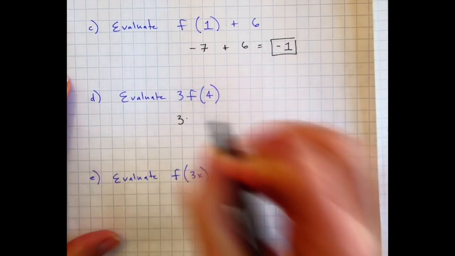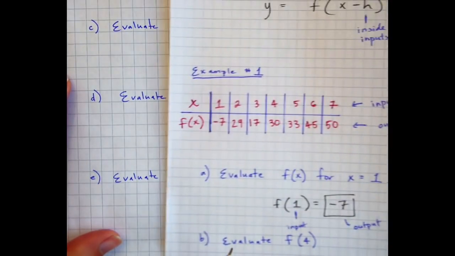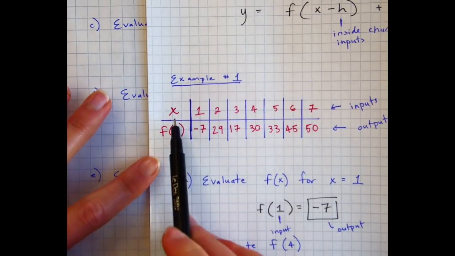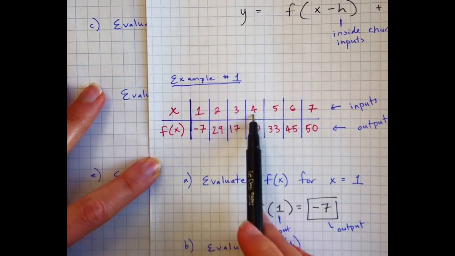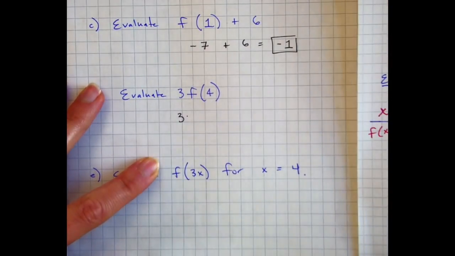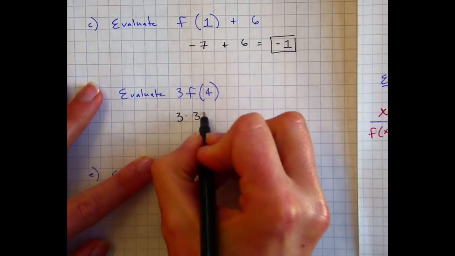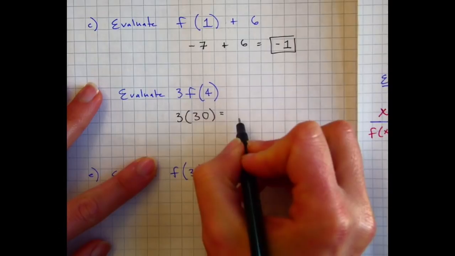In my table, I can see when x is equal to 4, the corresponding output is 30. So f of 4 is equal to 30. 3 times 30 is going to give me 90.